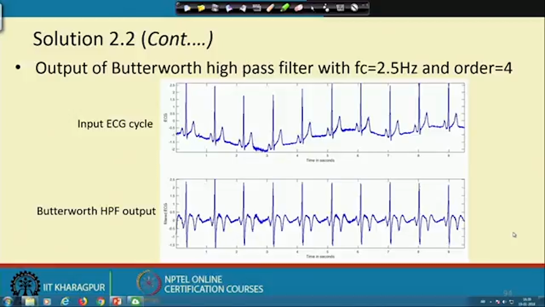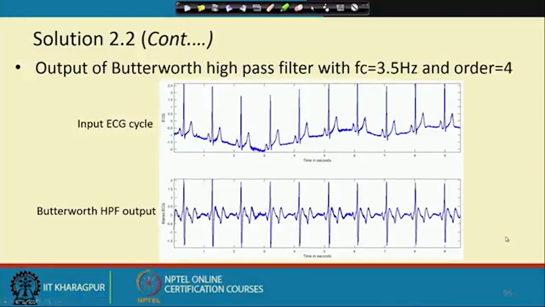So, we continue our investigation, and next we move further, we take the cutoff frequency to 3.5, keeping the model order same at 4. Again we see that now the QRS complex looks like an oscillation equal on both sides, like a lead 1 configuration, and so a huge distortion is there in the QRS complex.